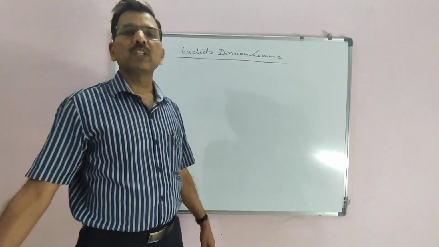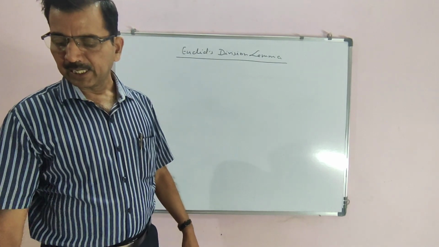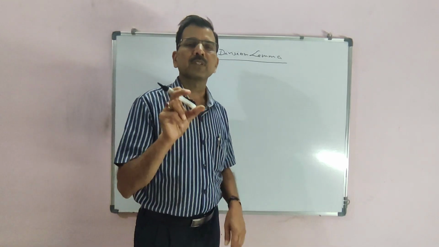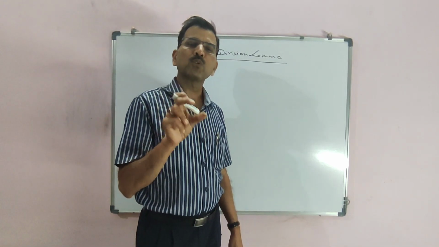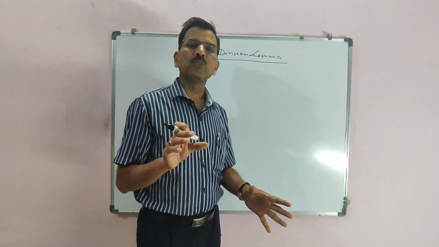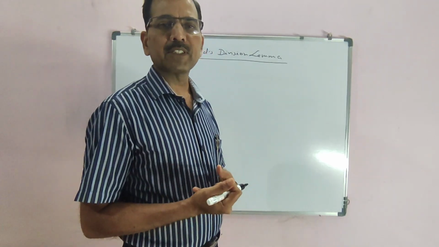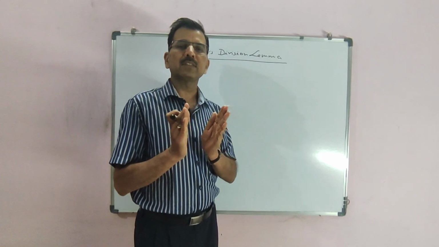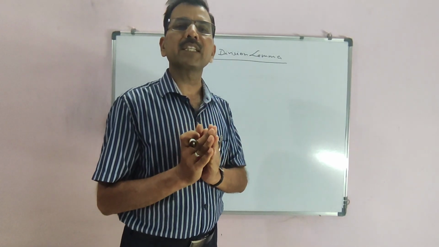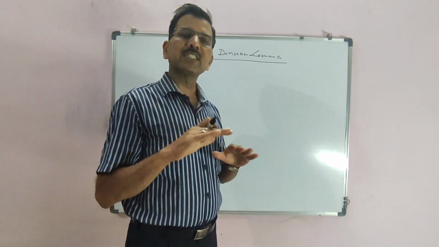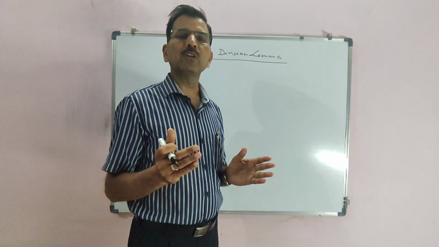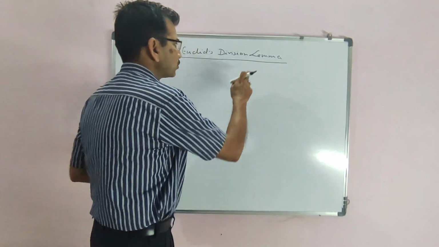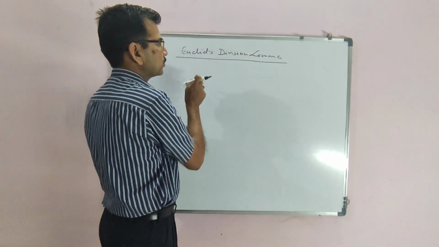What does lemma mean? A lemma is a proven statement which is used to prove another statement. It is a very specific statement, already proved before, and used to prove another statement. So all these things should be clear to you.